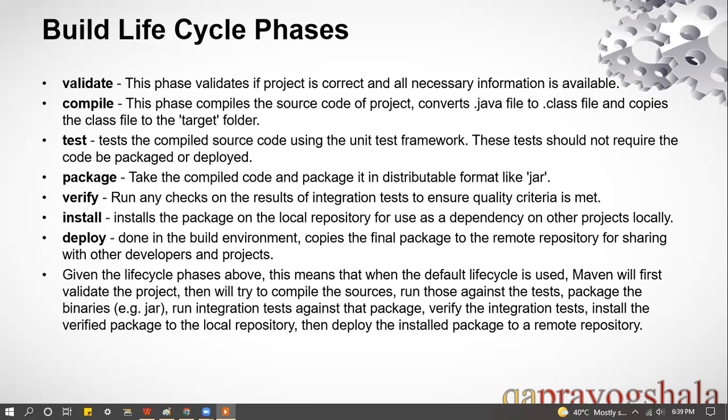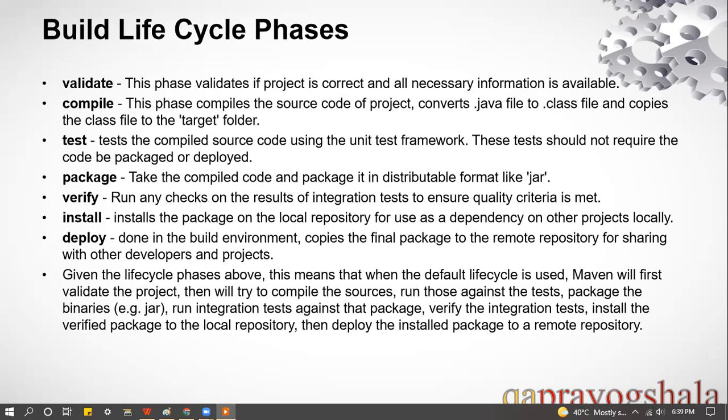We need the Selenium jar, and the TestNG jar, for example. If we are interacting with Excel files, we'll also need the Apache POI jar files. These are all the project dependencies that we will need before we can actually run that project. So the main purpose of the validate phase is to make sure that all the necessary dependencies are available beforehand, and none of them are missing.